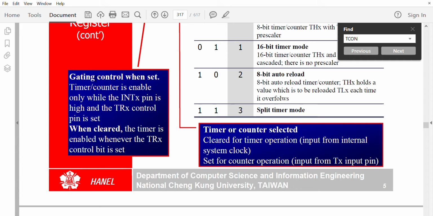So for the timer or counter to be enabled, the gate pin should be 1, INTX pin should be high and the TRX control pin should be 1. If gate pin is 0, then the timer is enabled, not the counter. Timer is enabled if TRX pin is 1.